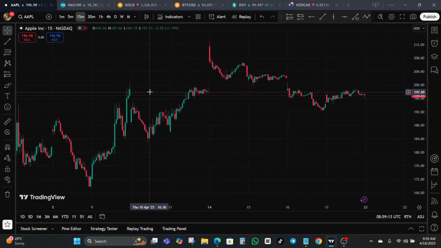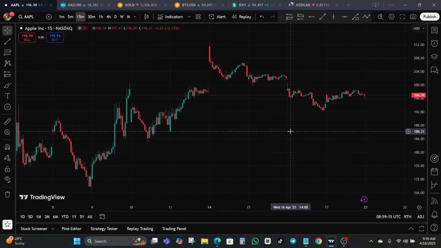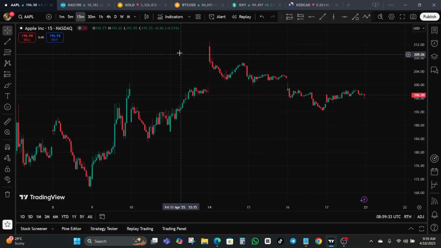It could be any other stock. The strategy works across different stocks. We're going to be starting with the basics. This strategy is about identifying specific price levels where a stock has the potential to break out. These key levels are usually support or resistance levels.